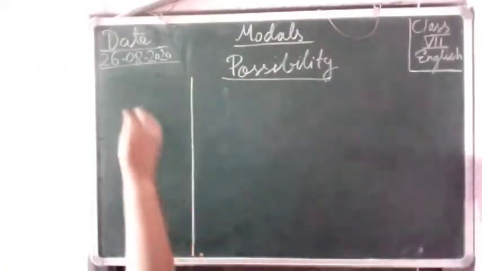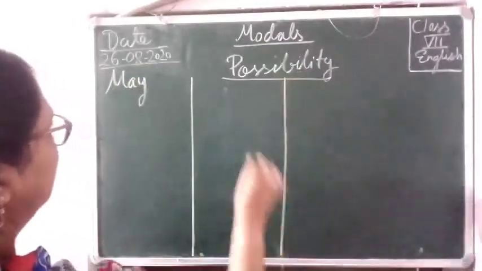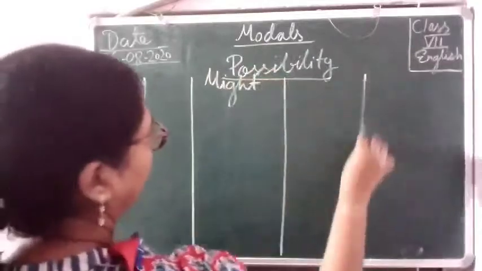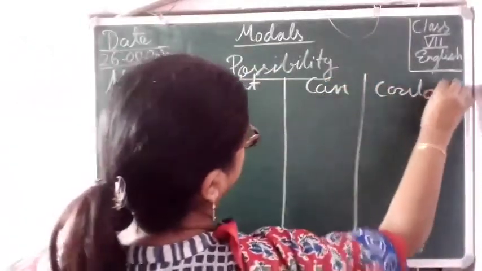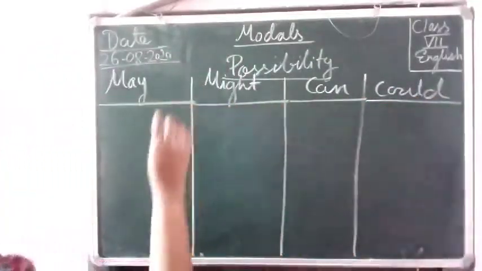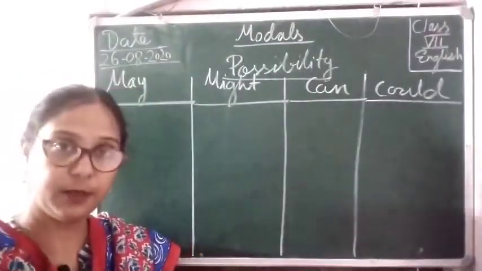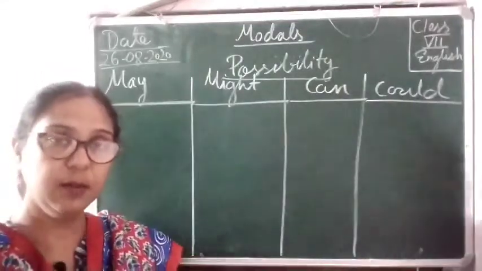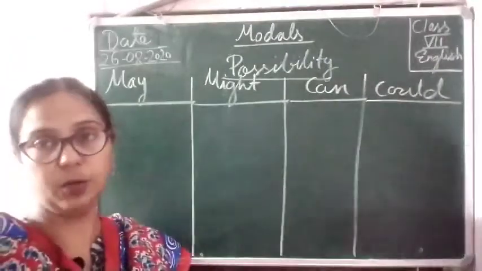Possibility is shown by may, might, can and could. These are the modals from which we can show how possible it is for anyone to do the work.